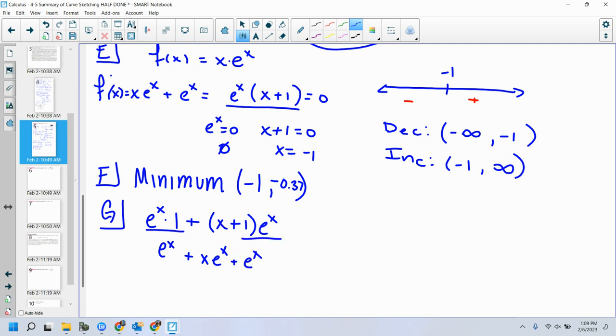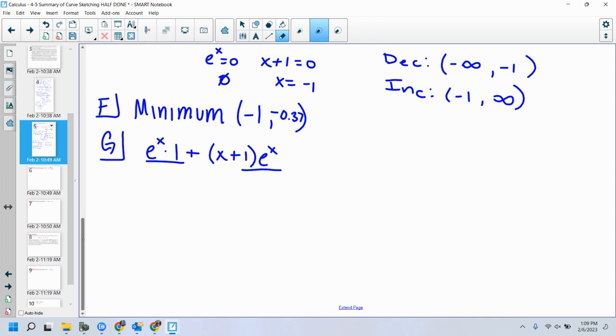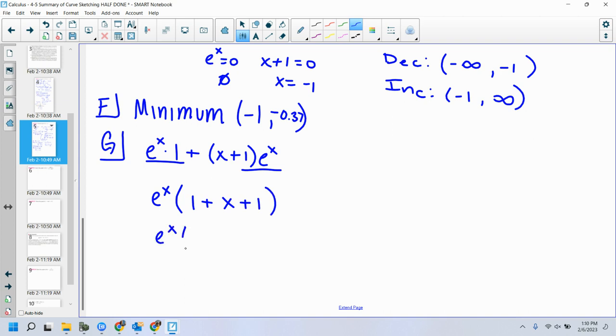I should have just factored it out right away. Sorry. I should have factored it out right away. Because now I'm going to get e to the x, 1 plus x plus 1. So e to the x, x plus 2. There's f double prime. I think we did this problem. I feel like we did this problem way back when we started learning about the product rule.